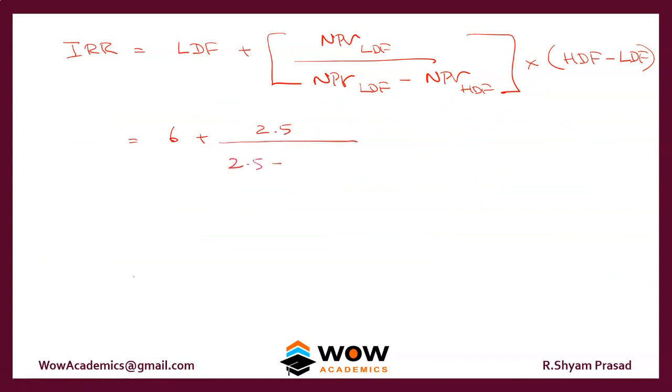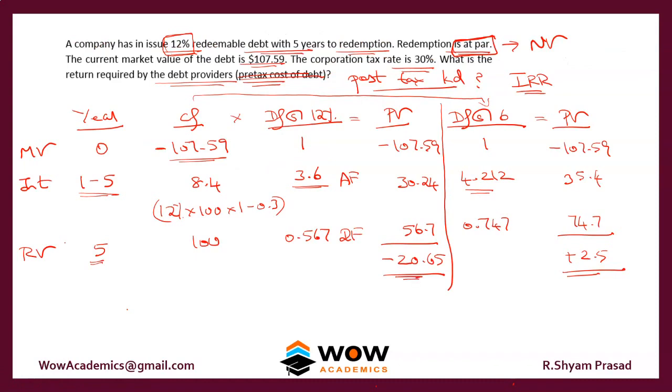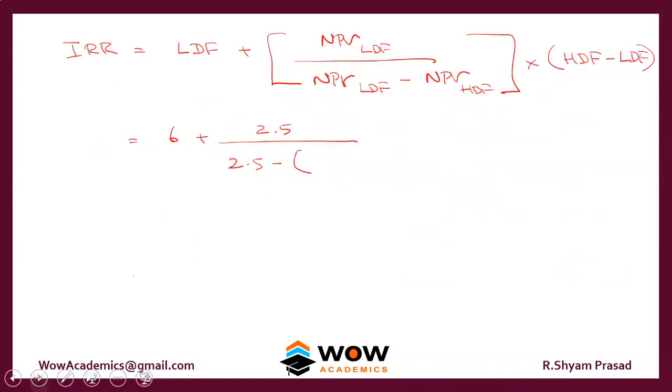The formula has a minus, and the NPV at high discount factor 12% comes to minus 20.65. Solve this part and then multiply it by the high discount factor, which is 12, minus the low discount factor, which is 6.